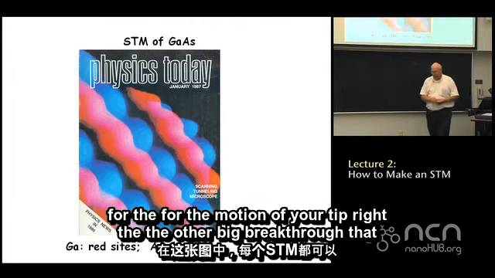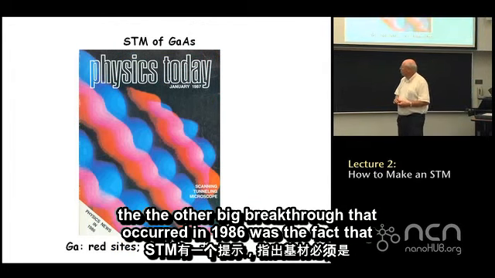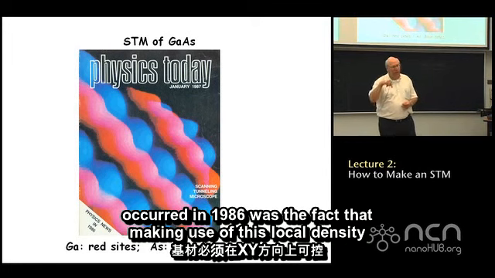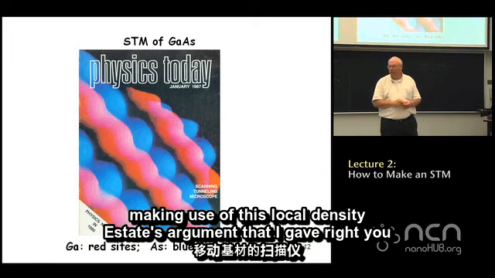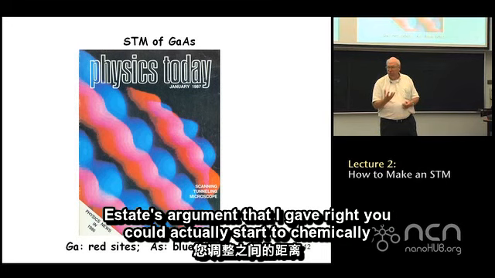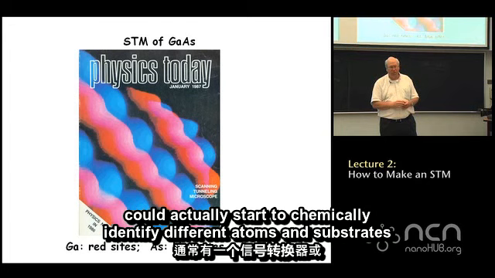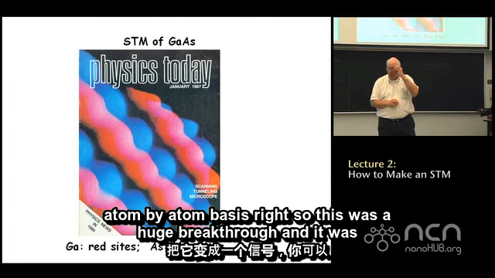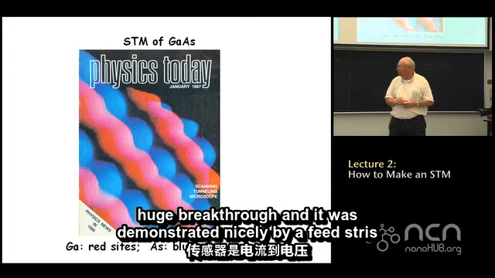The other big breakthrough that occurred in 1986 was the fact that, making use of this local density of states argument that I gave, right, you could actually start to chemically identify different atoms in substrates, on an atom by atom basis, right? So this was a huge breakthrough, and it was demonstrated nicely by Feenstra's group.